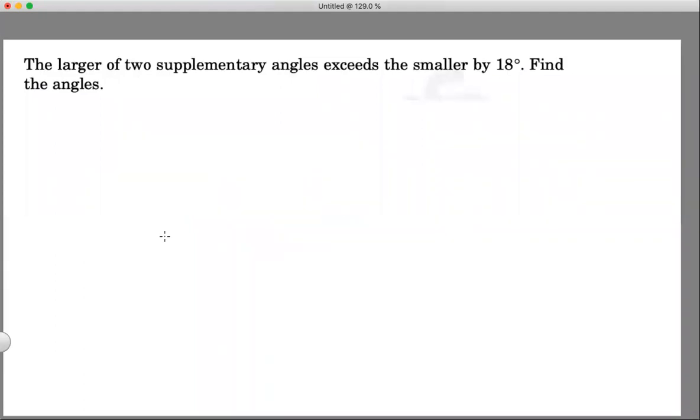The larger of the two supplementary angles, give me 1 minute. A lot of students have switched on their cameras again. Please switch on your cameras.